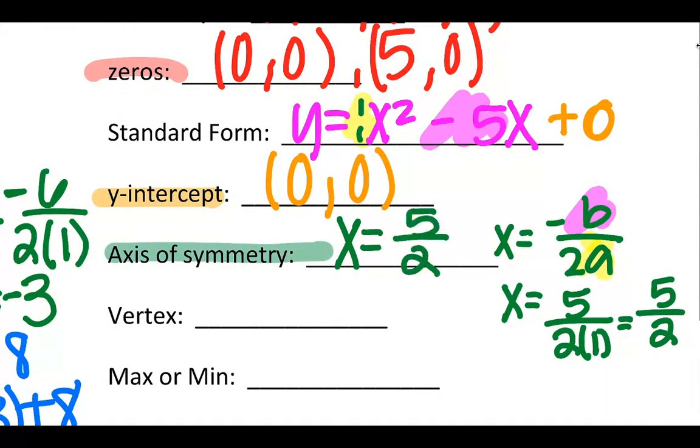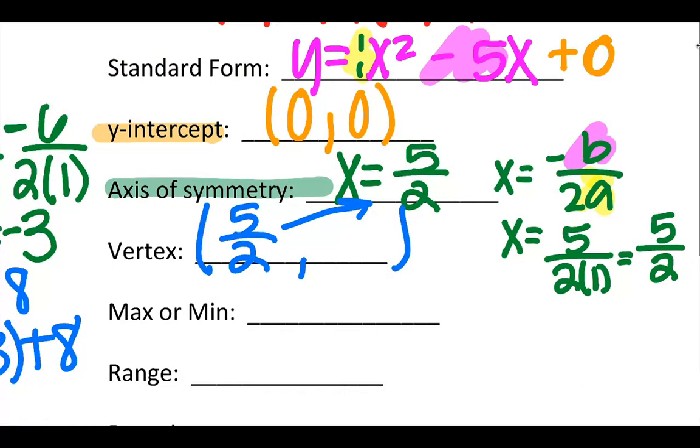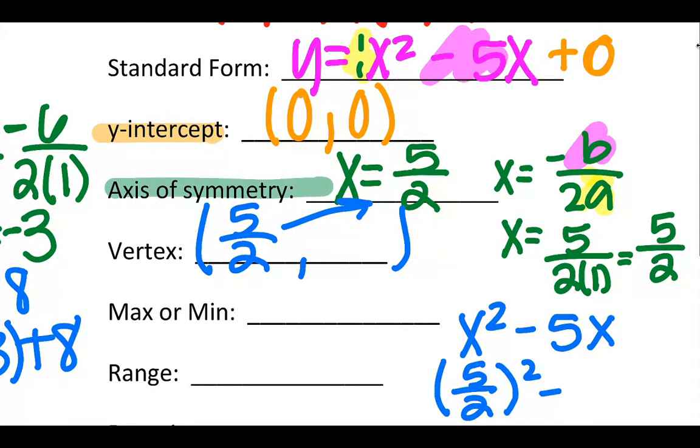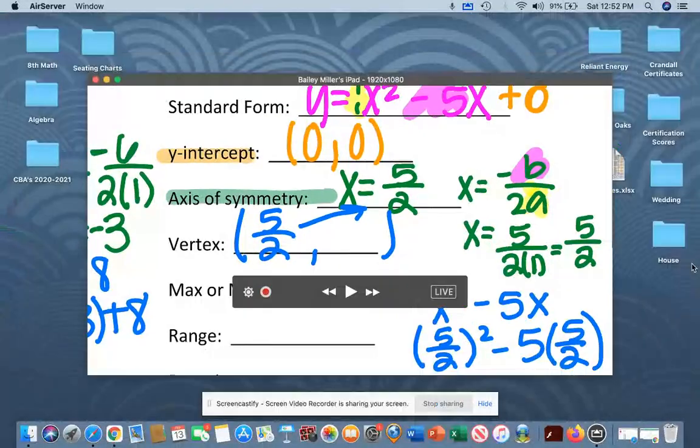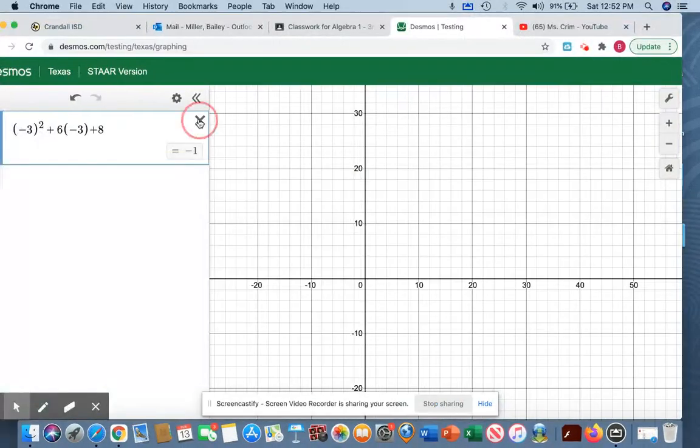So if I do my vertex, I have the first point, 5 over 2. To get y, I plug it back in here. So x squared minus 5x, so it's 5 over 2 squared minus 5 times 5 over 2. Let's cheat and plug it into Desmos.